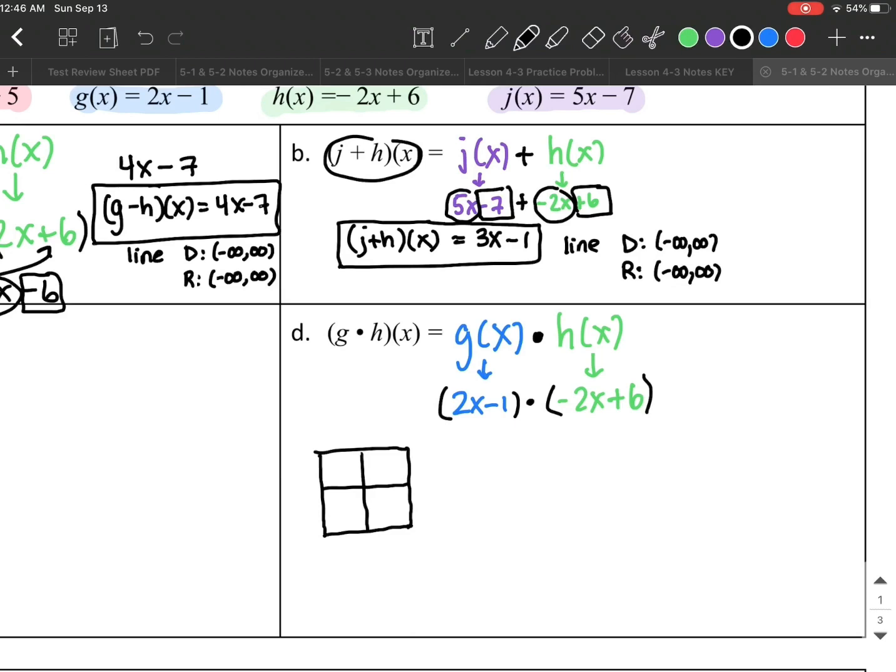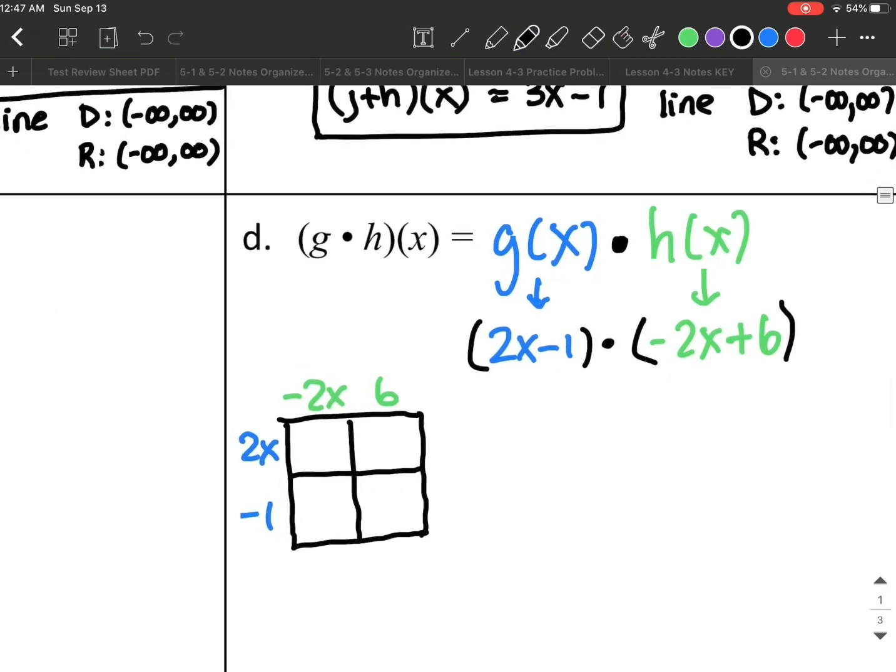So the first one, the blue one, I'm going to put on the left. I have 2x minus 1. And then on the top, I have negative 2x, and I'm going to separate the x term from the constant, and 6. And then I'm going to make sure that what I put in the boxes is these things multiplied together, so that ensures that I'm multiplying everything that I need to. And then I just add all the areas at the end.